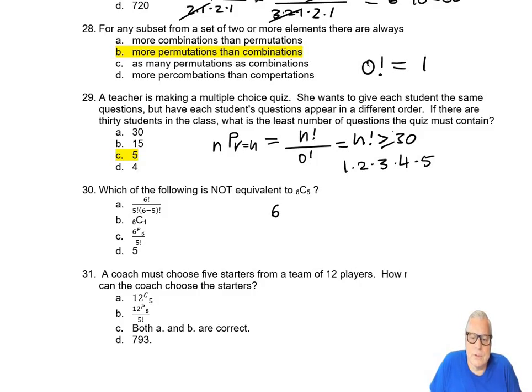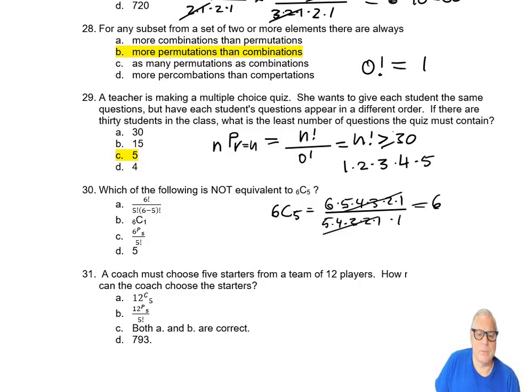From 6 choose 5 would be equal to 6 times 5 times 4 times 3 times 2 times 1 over r factorial, so 5 times 4 times 3 times 2 times 1, times n minus r factorial, which is 1. So this cancels out and the answer has to be 6.